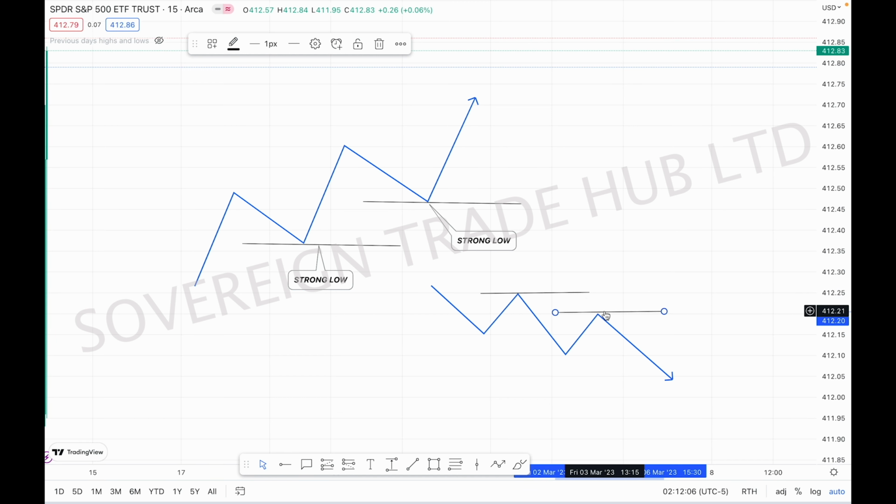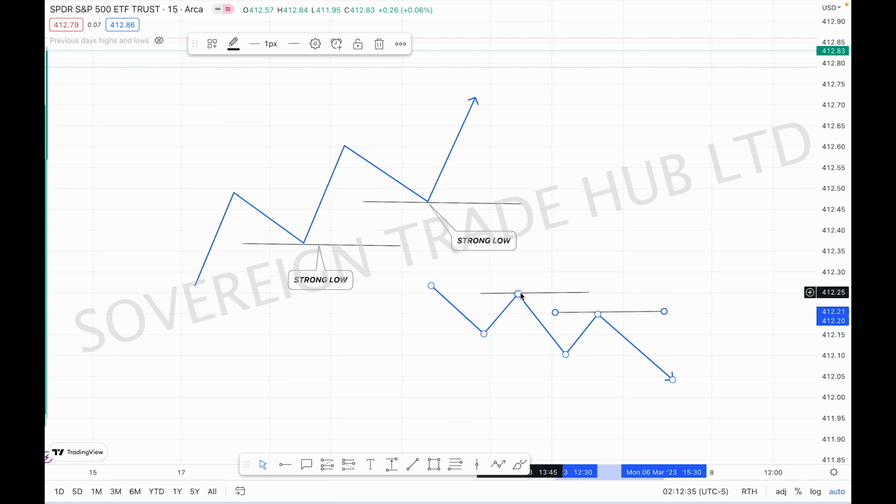So this is a high, this is a high, and this is a strong high because it was never violated by price. Number two, it sponsored the break of this structure. So if you want to ask yourself where the break of this very low originated from, it originated from this very high. So a strong low for the bullish trend, and a strong high for the bearish trend.